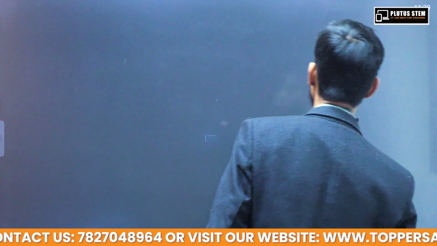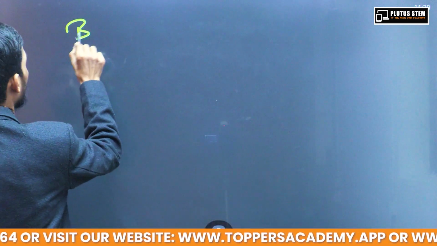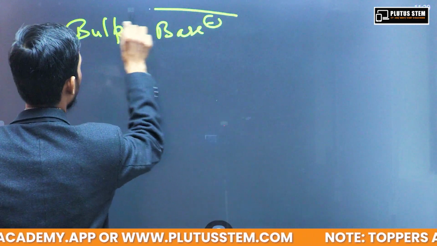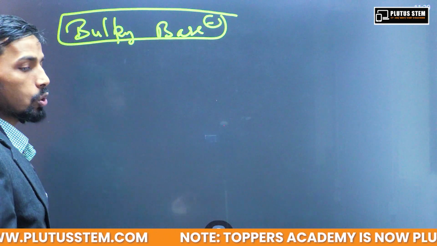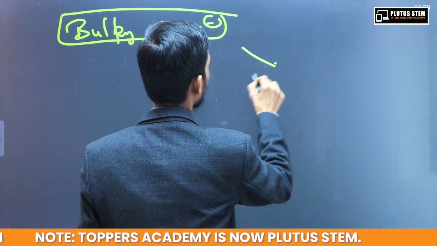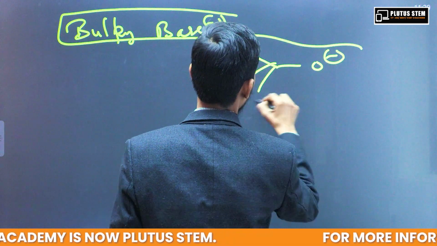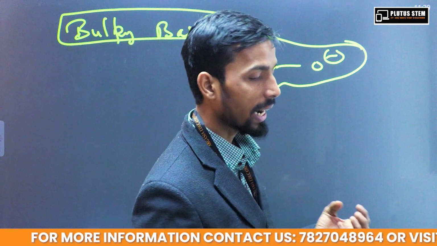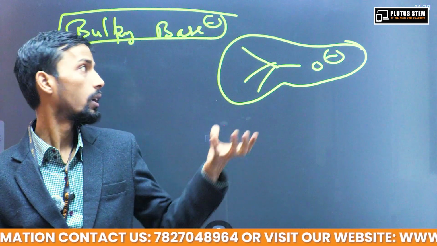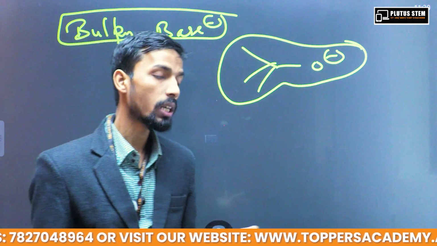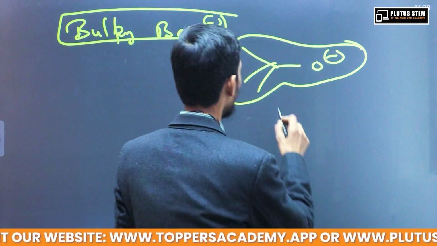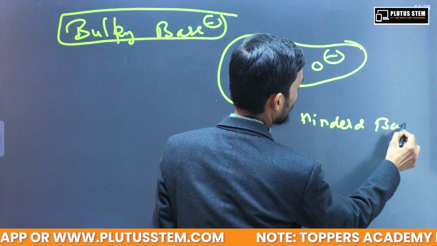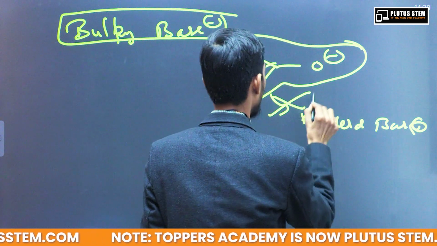One more important thing is, if we are taking some bulky bases, such as methyl, ethyl, propyl, butyl oxide, sodium butyl oxide type of base, this type of base cannot take the proton from a hindered position. A hindered base cannot take it.